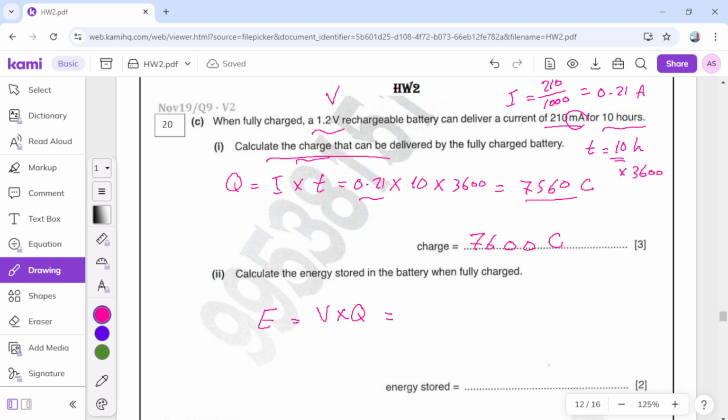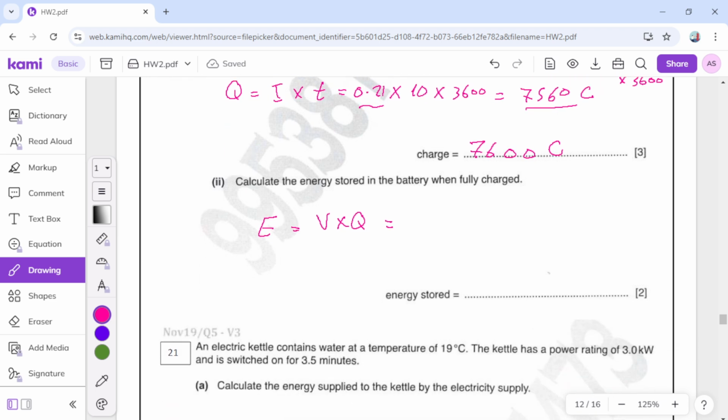You have to round it. Okay, now if you want to complete the question, V is 1.2 volts multiplied by charge. I will use this one, 7560. What is the answer? 9072. I will round it to 9100 joules.